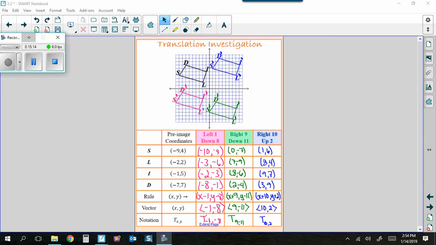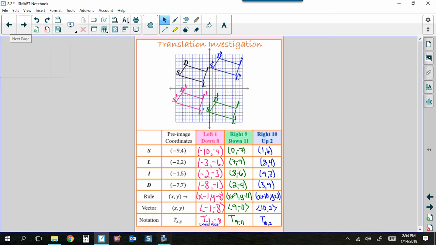Okay, hopefully this is what you guys came up with. For the right 9 down 11, you should have ended up with S prime at 0, -7, L prime at 7, -9, then 8, -6, then 2, -4, with a rule of x plus 9, y minus 11, a vector notation of 9, -11 in angle brackets, and then capital T subscript 9, -11 for your notation.